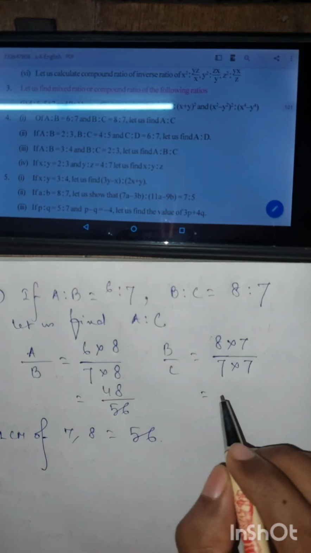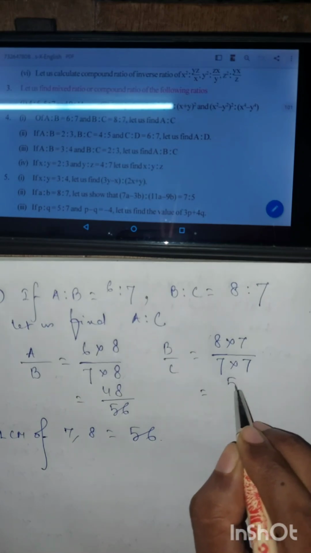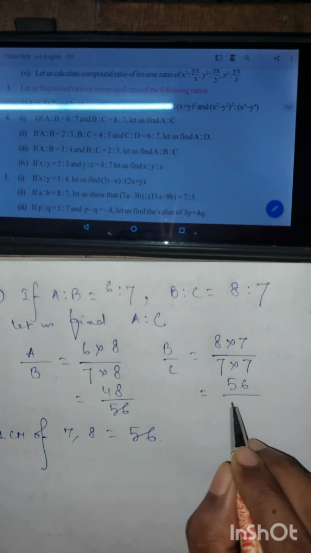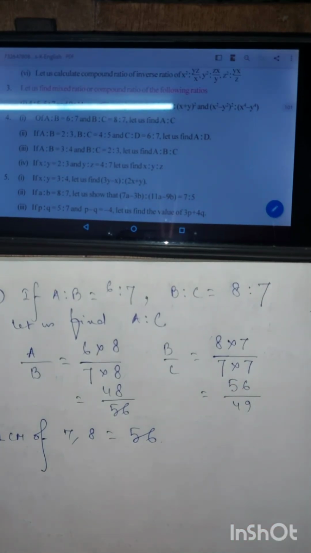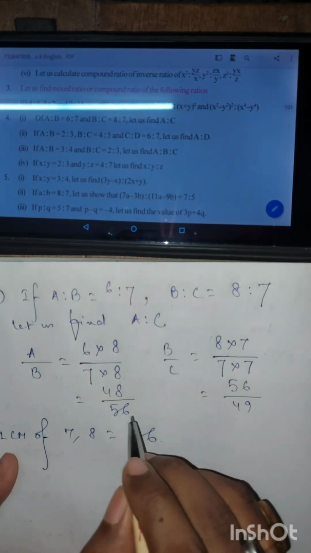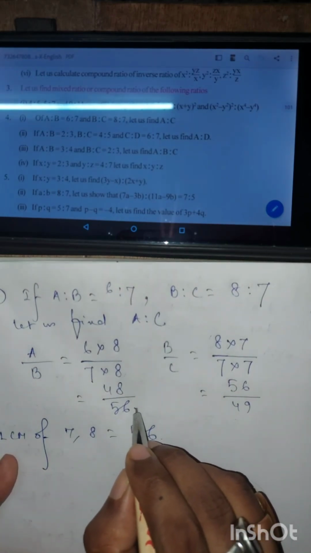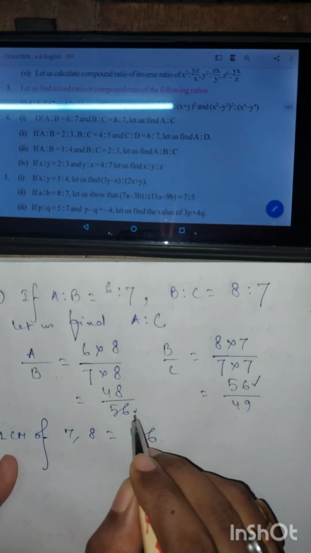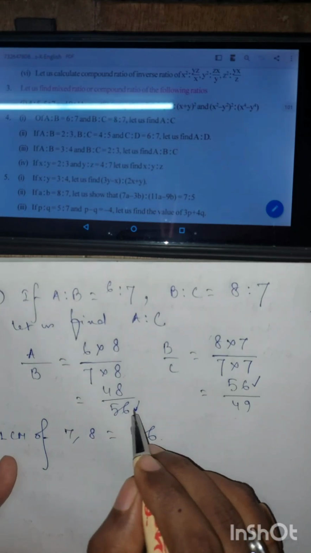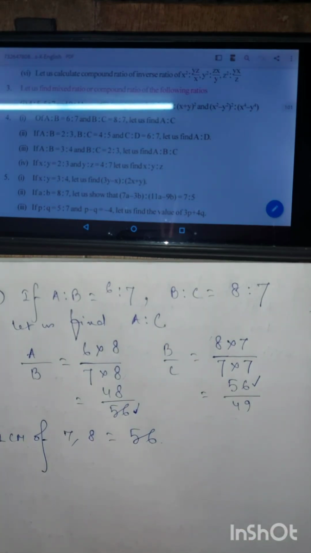Now it becomes 56 by 49. Now we can see that the B part is equal in these two ratios. The B part is equal.